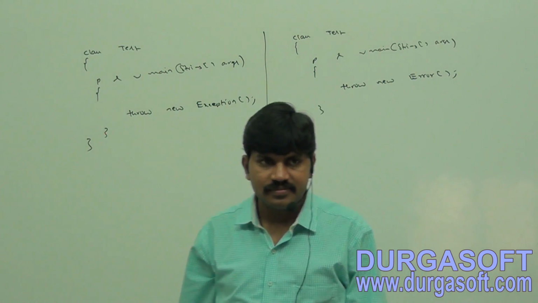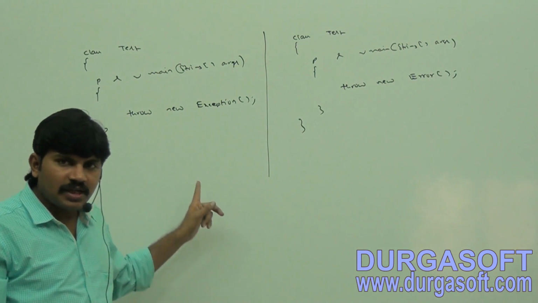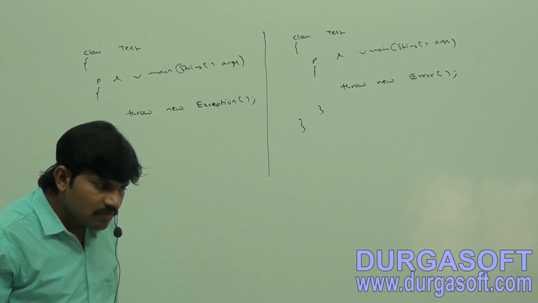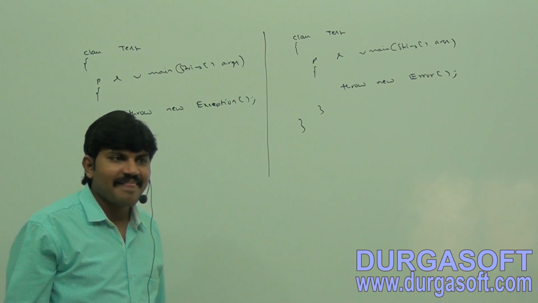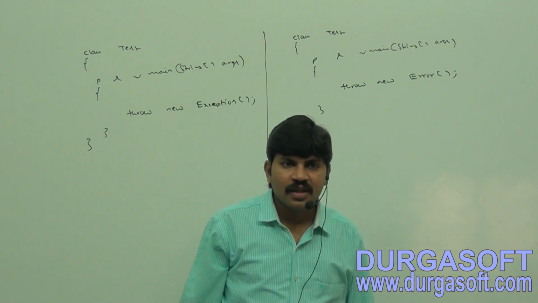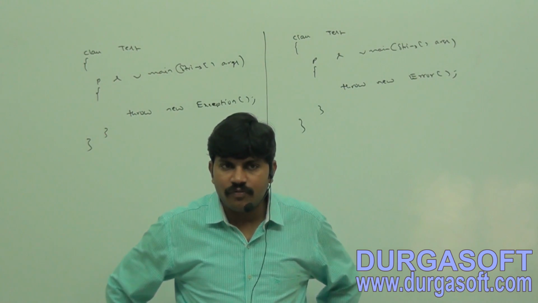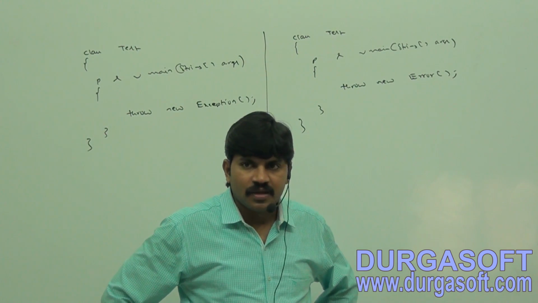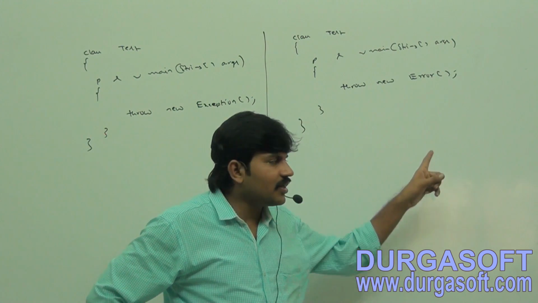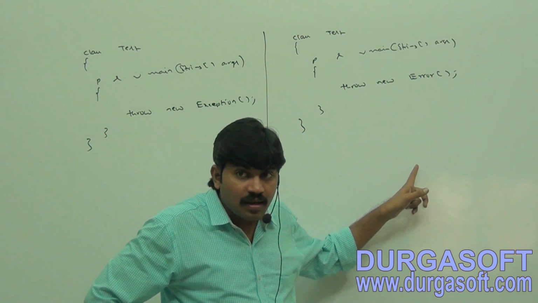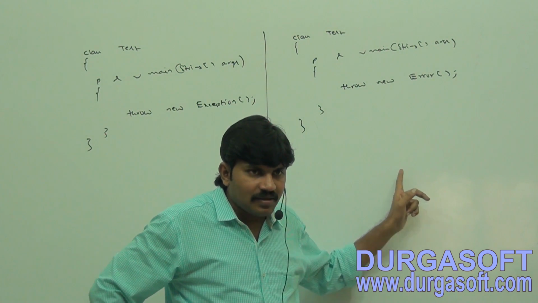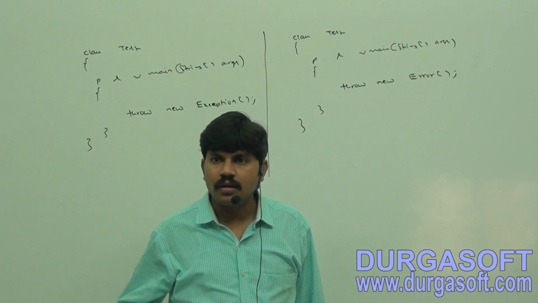First one compiles fine, but second one, compile or not? Because we can use the throw keyword for any Throwable type, maybe Error also. Second one compiles or not?